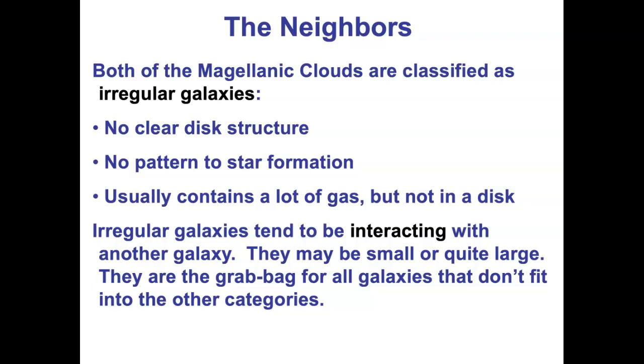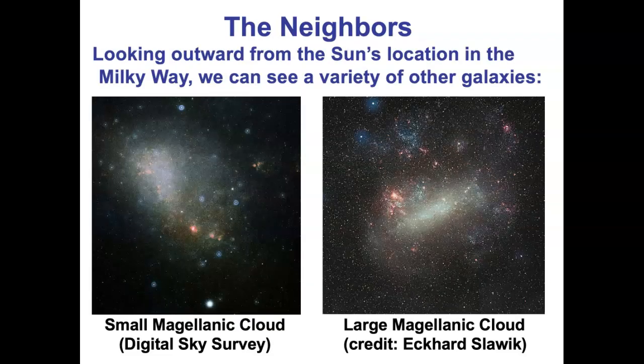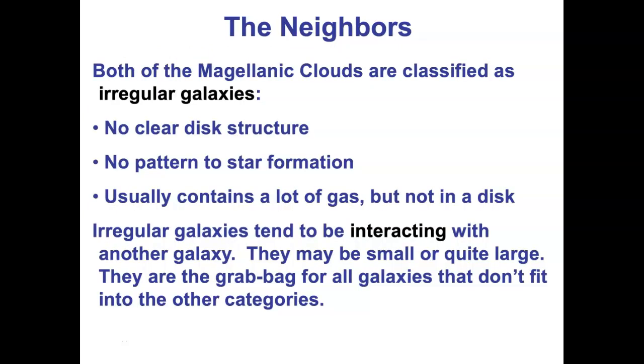You can tell the type of a galaxy basically by looking at it. An irregular galaxy is one that doesn't have a nice, clear geometric structure. It's called irregular because it looks kind of lumpy and there's no pattern to the star formation. Where's the star formation in a spiral galaxy? It's in the disk, right? It's in the arms especially. So you can tell the difference.